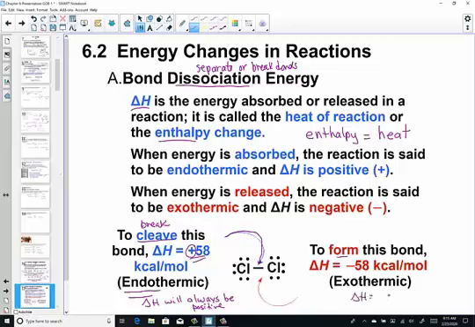Delta H will always be negative. And that's true every time you have an exothermic reaction. The heat of reaction is releasing energy. To release energy, think of it as a product on the right side of the arrow. It's coming out of the reaction.